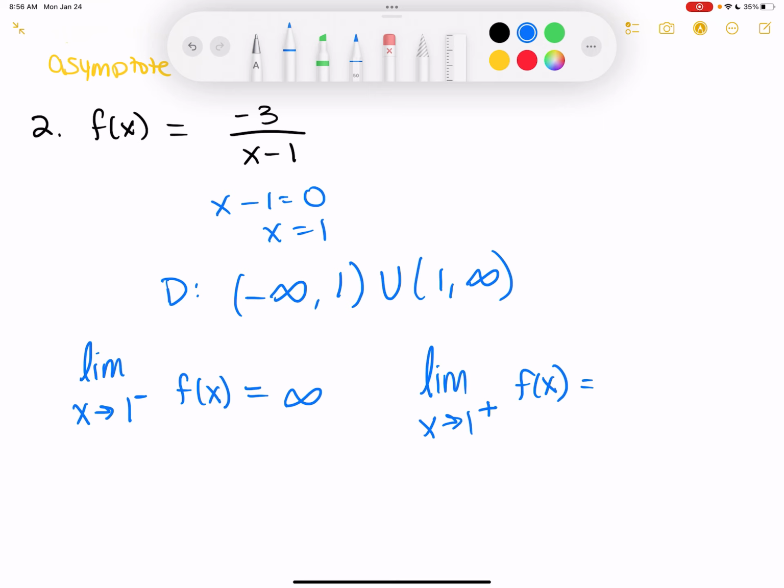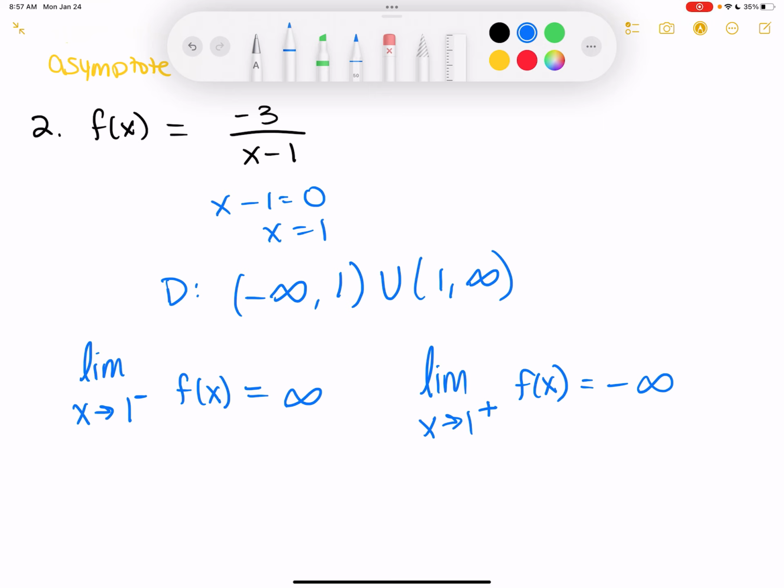Bigger than 1 minus 1 gives you a positive on the bottom. So a negative on top, positive on the bottom is negative infinity. So it has to be bigger than 1. Slightly, yeah. So basically you're looking at a number a little bit smaller and a little bit bigger. So if we'd had two numbers, we would have done this twice, basically.